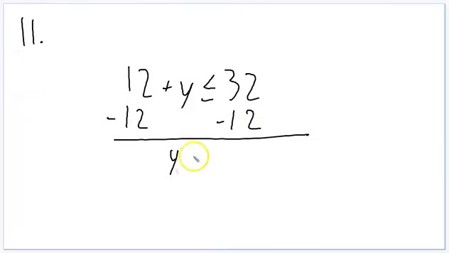So I get Y is less than or equal to 32 minus 12. You get a 0 right there. 3 minus 1 is 2. So I'm going to get Y is less than or equal to 20. So looking at it, I can pick Y and 20 because I know those are the two that are in the answer. So 16, 18, and 22 wouldn't make sense. All right.